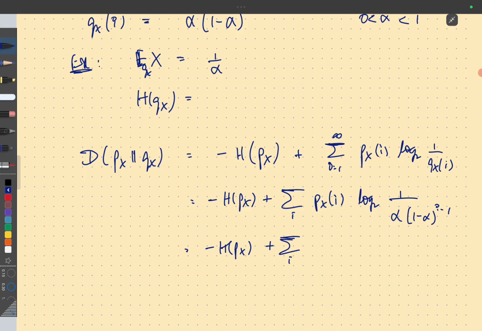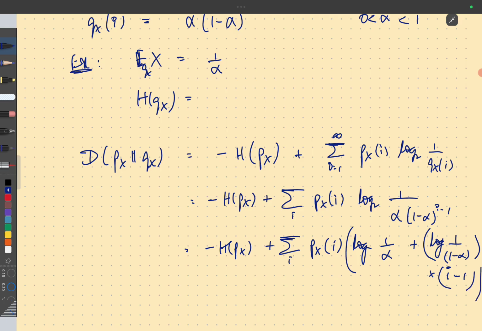Sum over I of, I'll split the log term into two, px of I times log 1 over alpha plus log 1 over 1 minus alpha times I minus 1. Right?